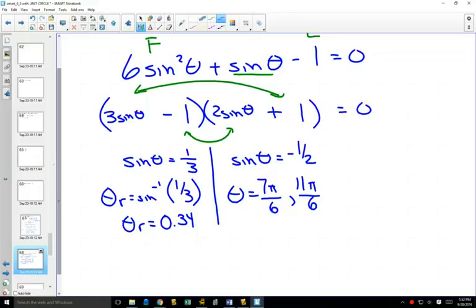So we get our reference angle in radians, and now sine is positive, so our answer in quadrant 1 will be the same as our reference angle. And our answer in quadrant 2 would be pi minus our reference angle. And so that part would be all calculator.